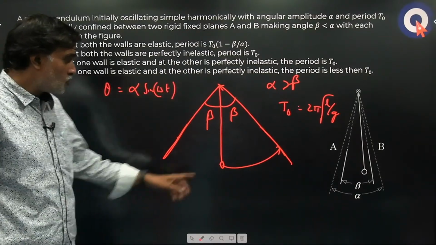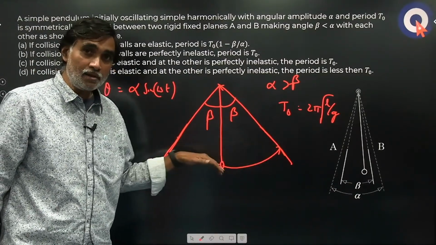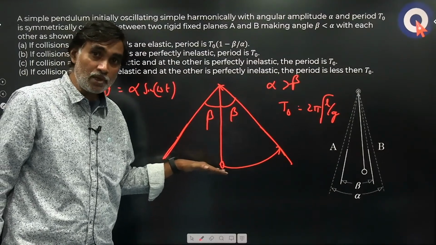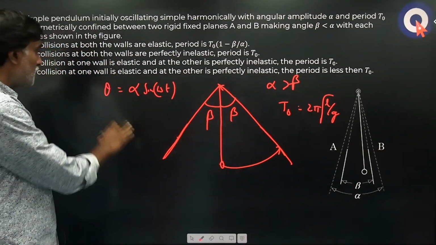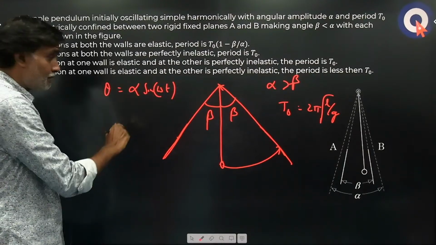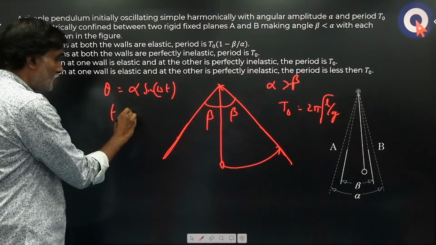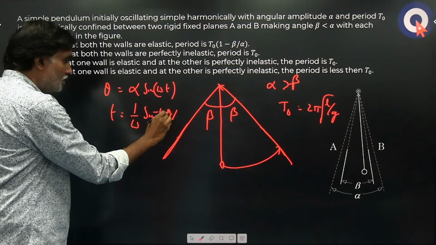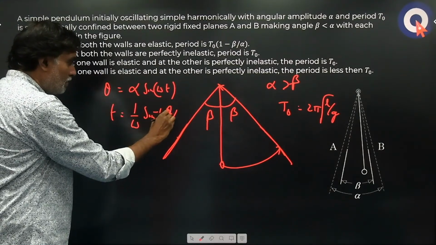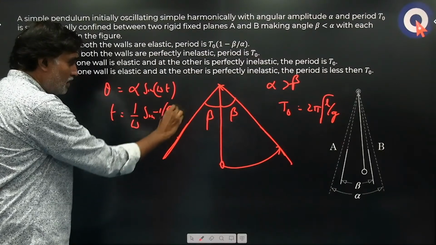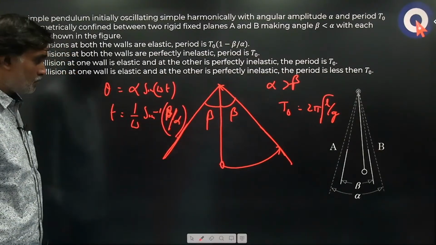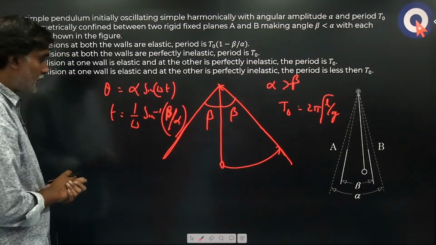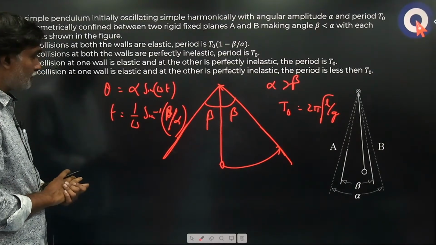What is the time taken to go from here to here? It means the time taken for angular displacement to become beta. So put theta equal to beta, then you will get the time. So what is that time? 1 by omega sine inverse of beta by alpha. Okay. But what is omega? 2 pi by T.